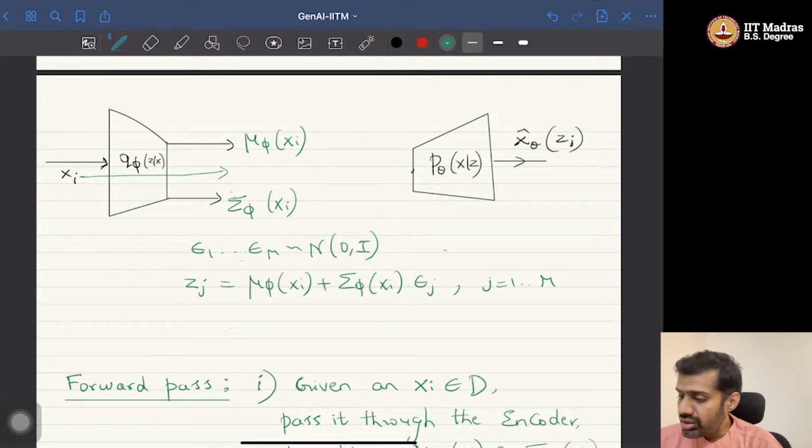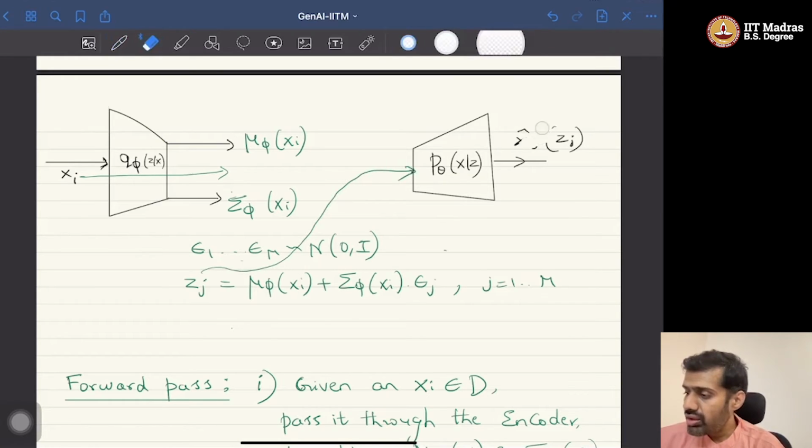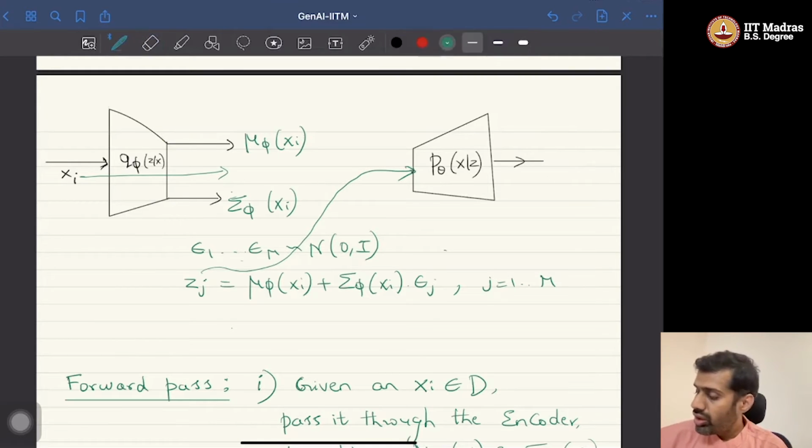All these zj's go as an input to the decoder, and we compute x cap theta zj, that's the output of the decoder.